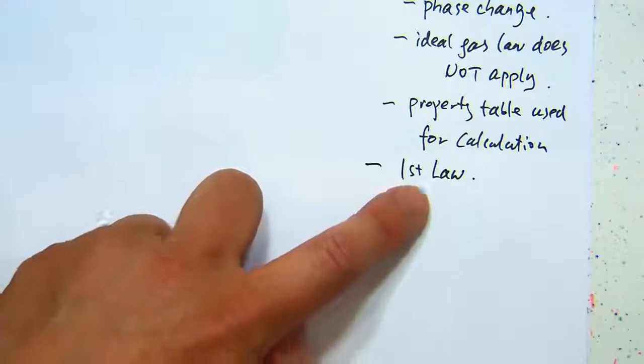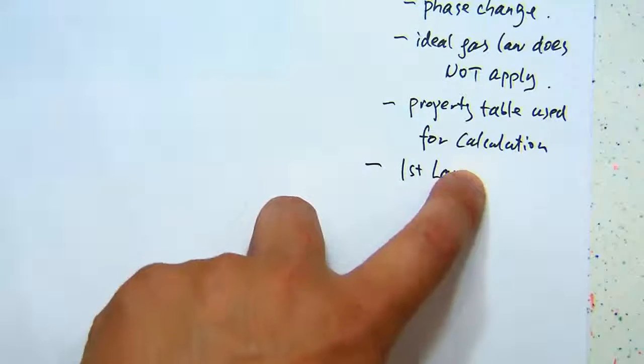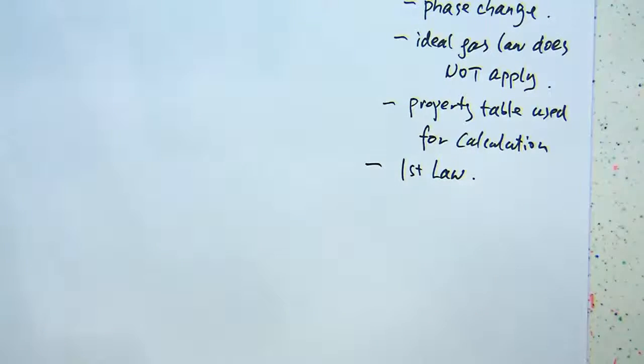vapor cycles, it's important to be aware that for a given state, if you know two independent intensive properties, that state is defined for the system. Which means if the system is already defined and you want to find any other properties, for example enthalpy, entropy, you can just go to the table and use it.